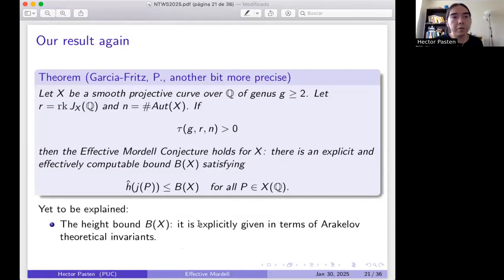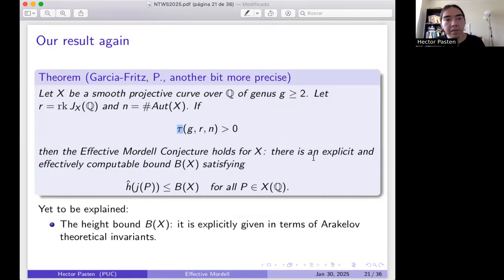So here's our theorem again. We take a smooth projective curve defined over Q of genus at least 2. Little r is the rank of the Jacobian. Little n is the number of automorphisms defined over Q. If the invariant tau coming from spherical codes is strictly positive, then the effective Mordell conjecture holds.